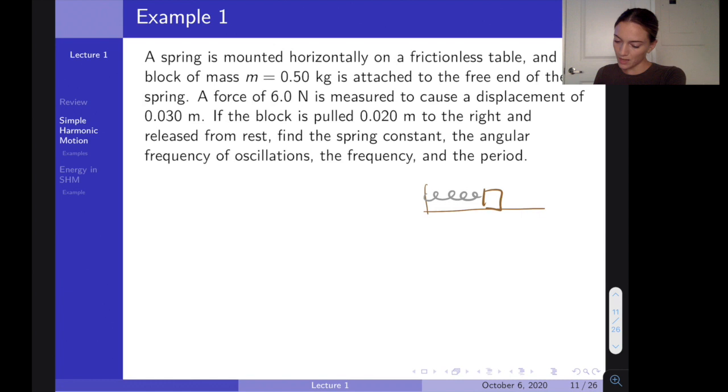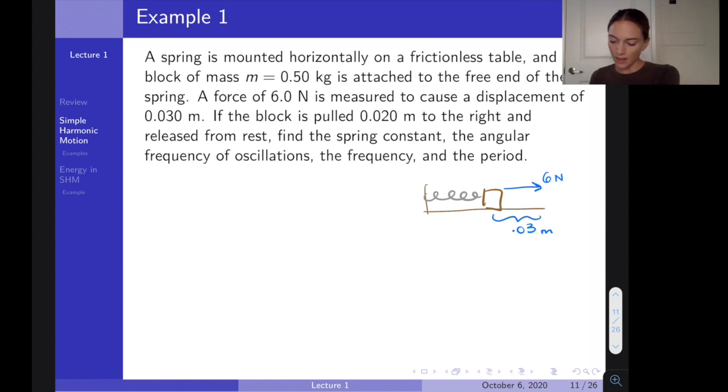It's attached to the free end of the spring, and a force of 6 newtons is measured to cause a displacement of 0.03 meters. So that means if we pull out this block and spring by applying a force of 6 newtons, it will move 0.03 meters, or 3 centimeters.